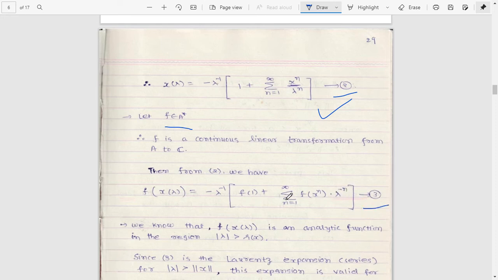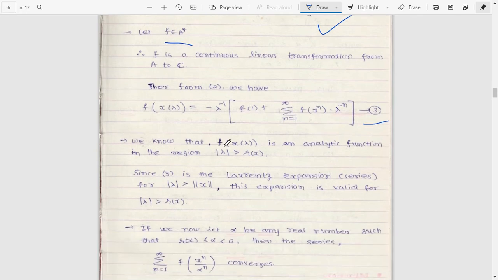Equation number 3. We know that f of x_lambda is an analytic function in the region mod lambda greater than r of x.